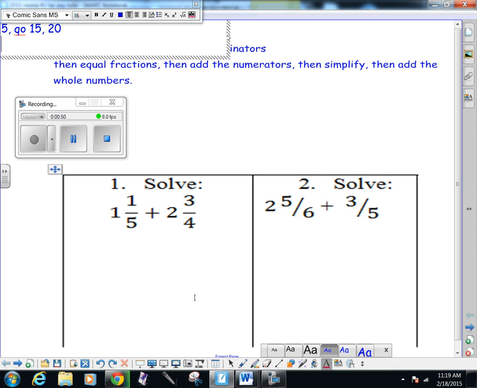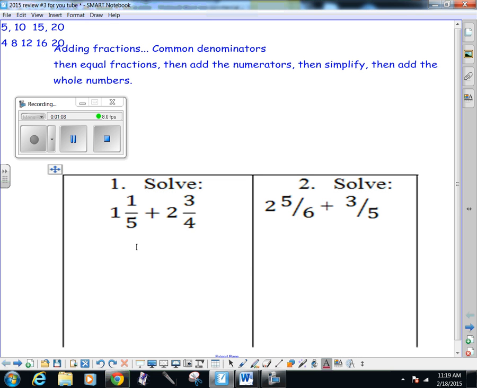And then I count out the multiples of 4, and the multiples of 4, of course, are 4, 8, 12, 16, and 20. So the first number that both of these lists have in common is the 20. So that's my common denominator.